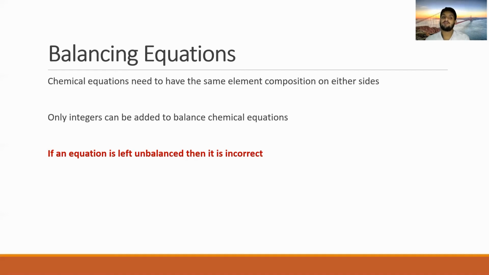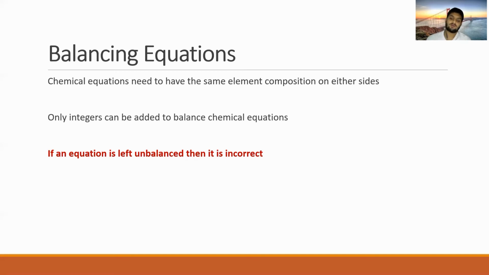If it doesn't, then you should add integer numbers. Integer means whole numbers. You can't add decimals, you can't add fractions. You can only add whole positive numbers, and you have to equalize them. That is the task when we say balancing any equation.